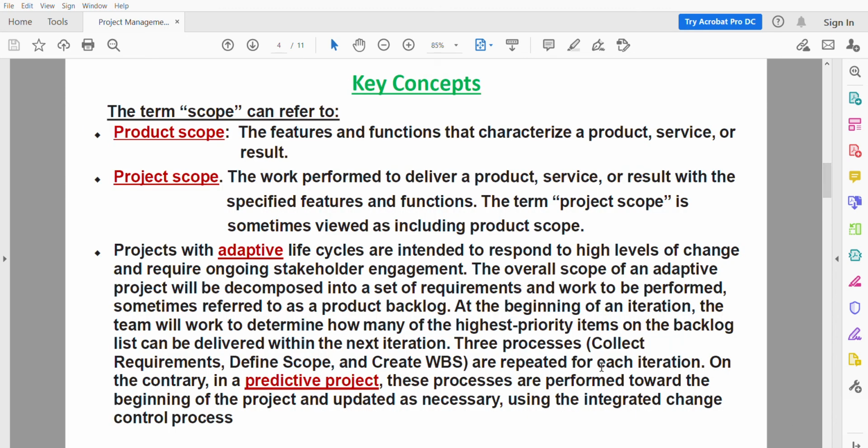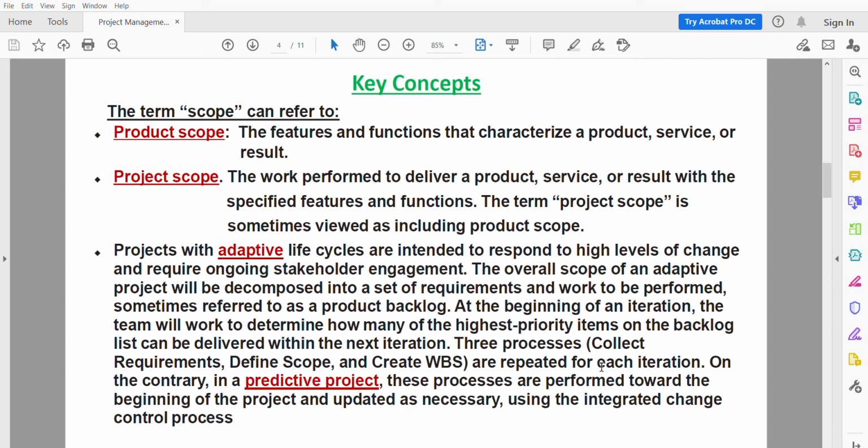There are some key concepts in this regard. When we talk about scope, the term may mean two different things. The product scope is all the features and functions that characterize a product, service, or result.